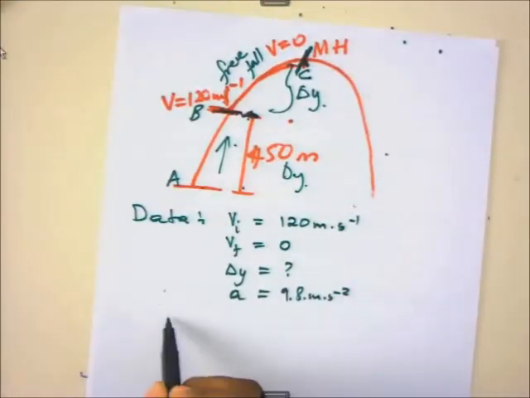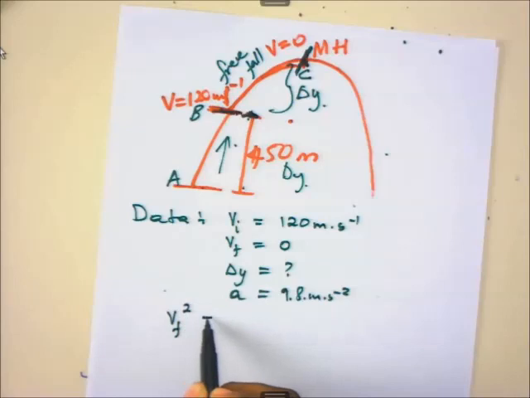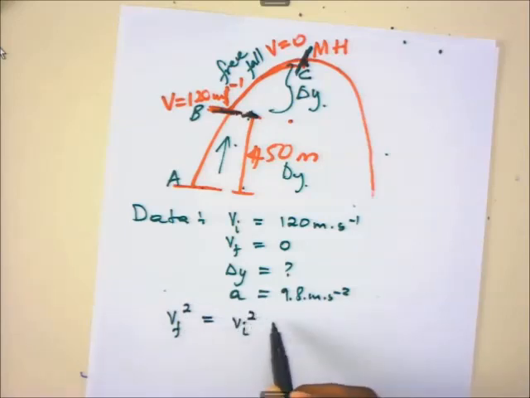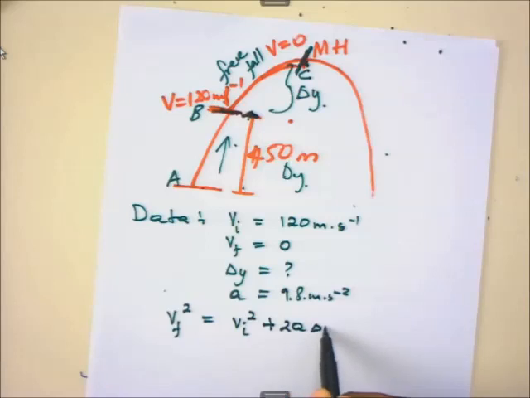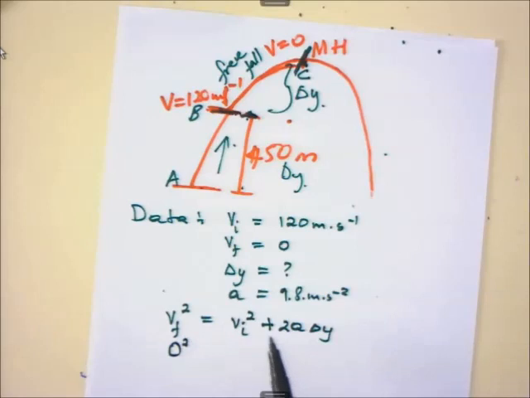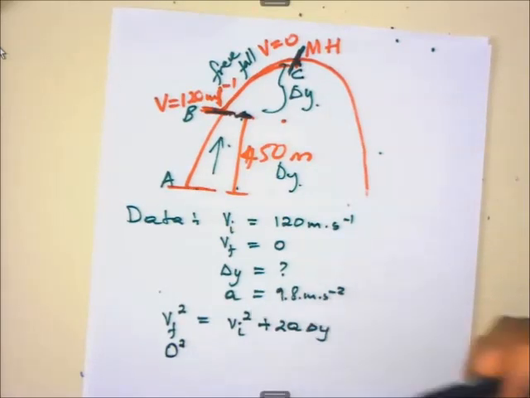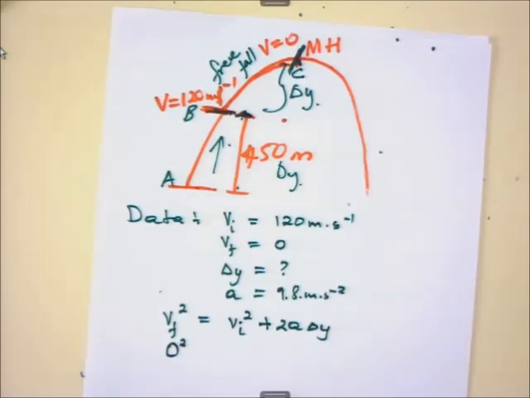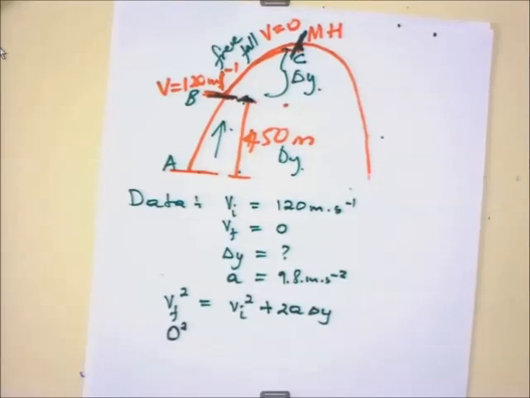Now, we said that we're going to choose the equation VF squared equals VI squared plus 2a delta y. Then our VI is 0 squared. Guys, do not forget that when you write the equation, you should write it the way it is from the table of formulae, so that you do not forfeit the mark that you are given when you write the correct equation.